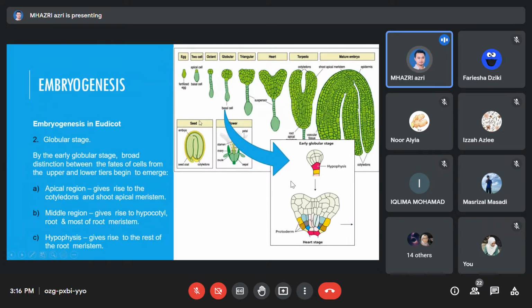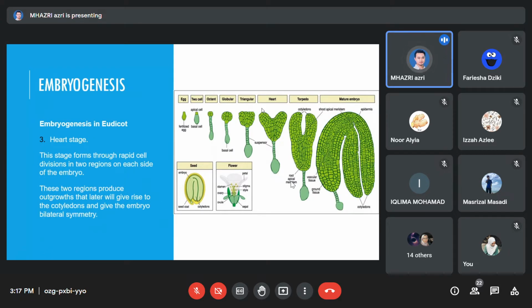So apical regions adalah yang sebelah atas ni, okay. So it will develop and become heart shapes. The middle regions give rise to hypothetical roots and most of root meristems, and hypophyse give rise to the rest of the root meristems. Hypophyse is the only region from basal cells that will contribute to zygote development.